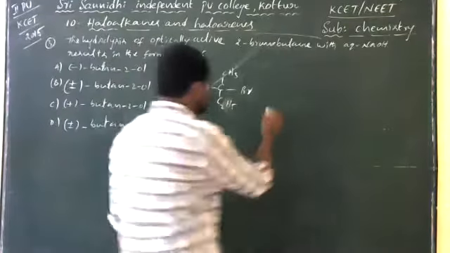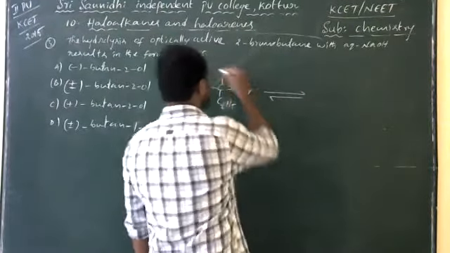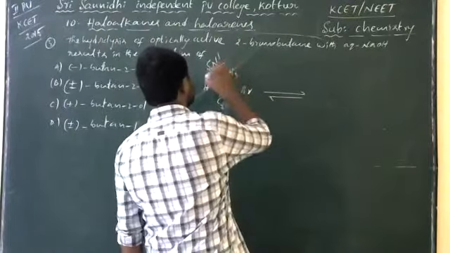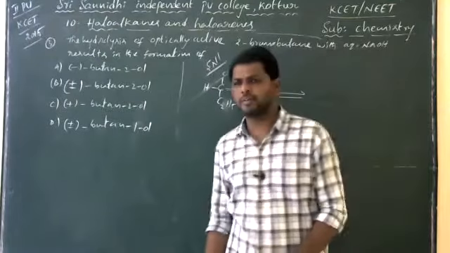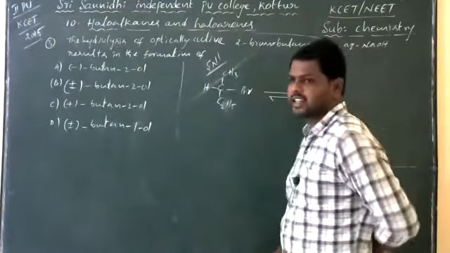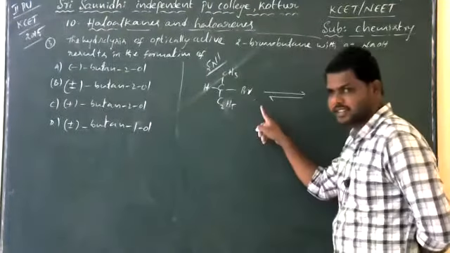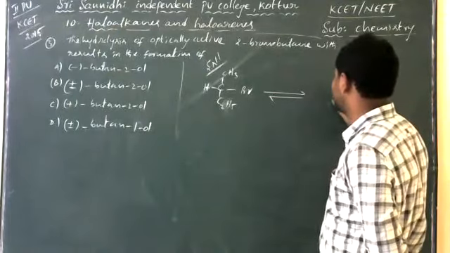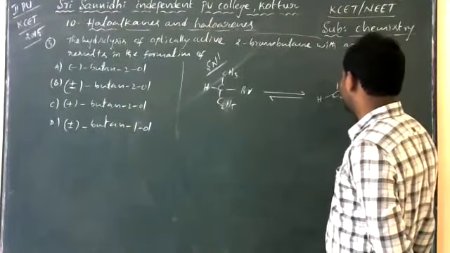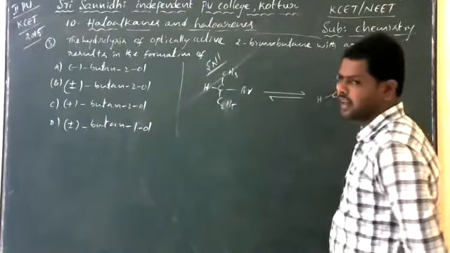Whenever 2-bromobutane reacts with aqueous NaOH, the optically active 2-bromobutane undergoes the SN1 mechanism. SN1 mechanism means it first loses Br minus, giving a carbocation intermediate, a secondary butyl carbocation.